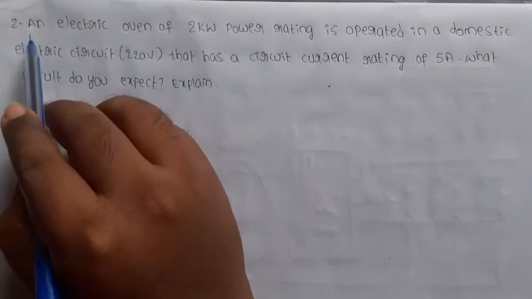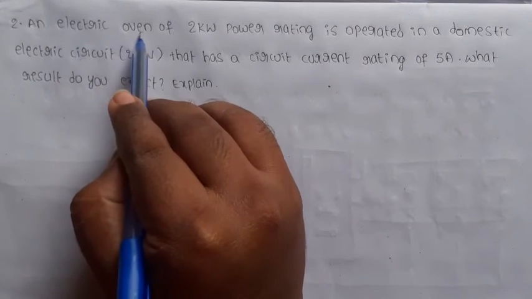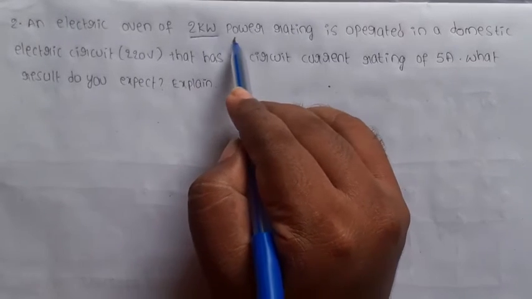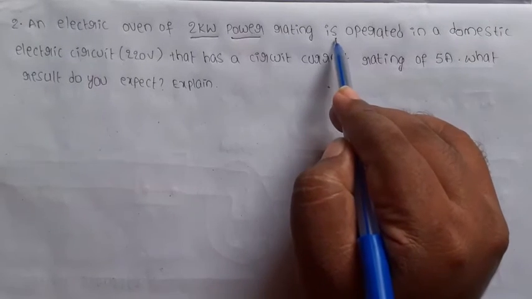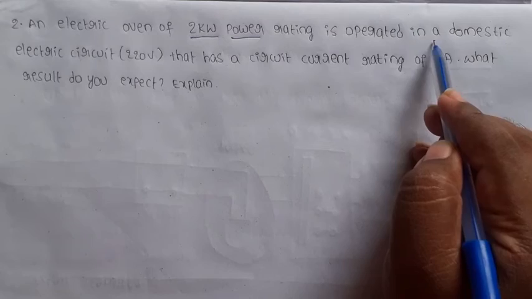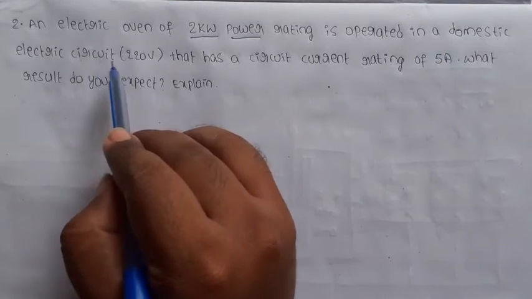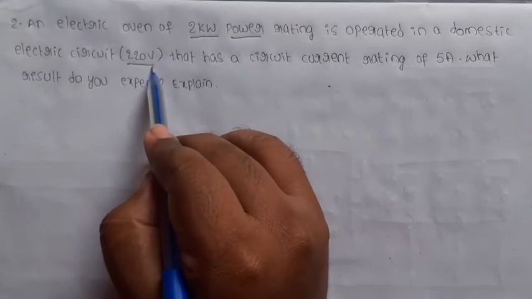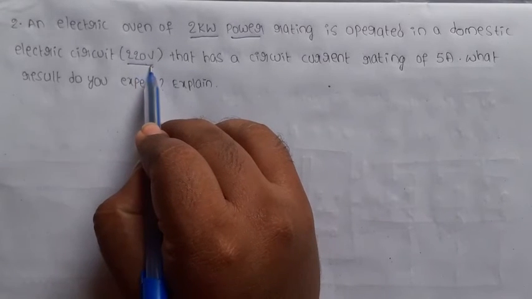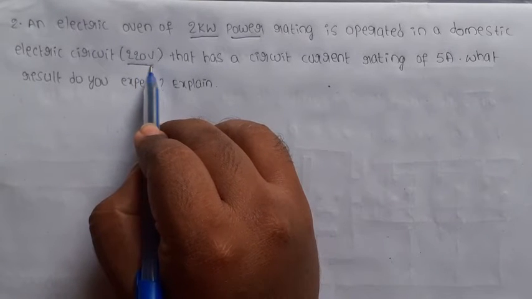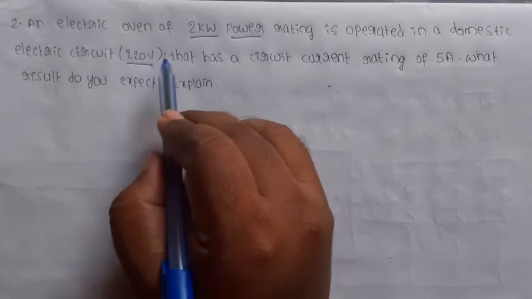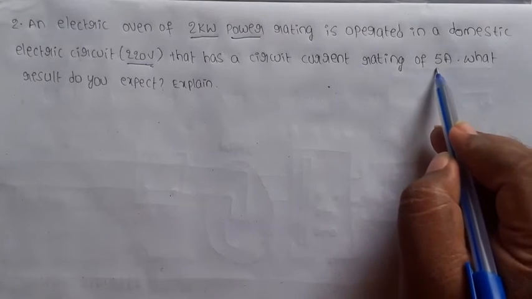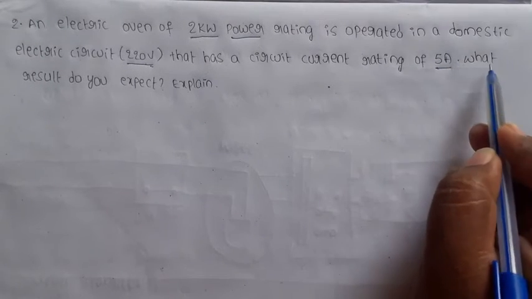Second question. An electric oven of 2 kilowatt power rating is operated in a domestic electric circuit of 220 volt. So 220 volts is the potential difference, V equal to 220 volt, and the circuit has a current rating of 5 ampere.